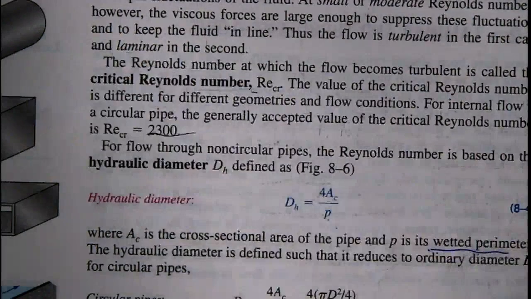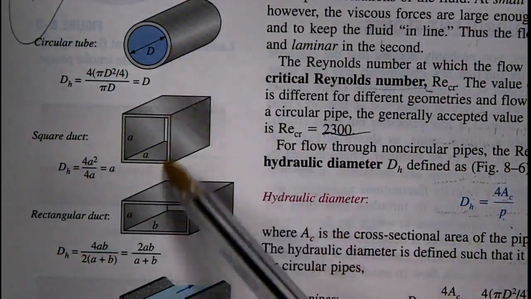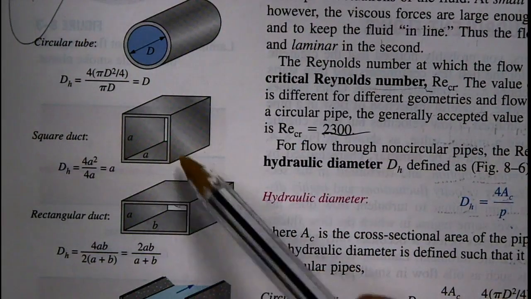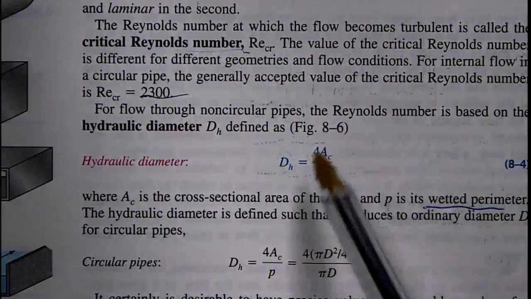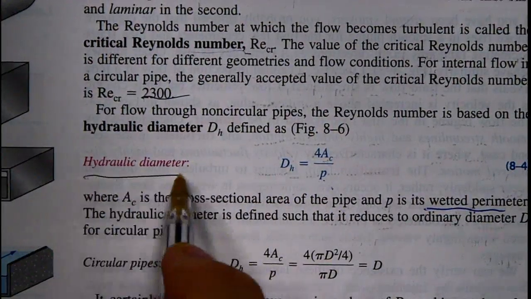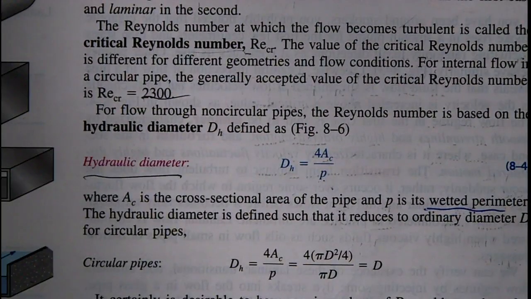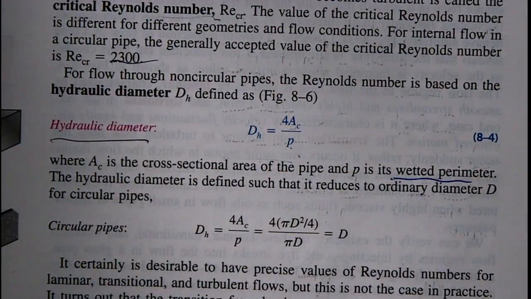Then you should recognize that not all things are circular. Lots of things are rectangular or square or channel flow. So to handle those circumstances, the diameter is replaced by the hydraulic diameter. It would be wise if you get your textbook and hold it up as we go through here.